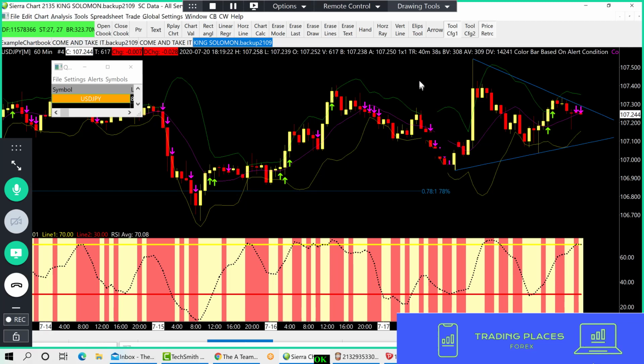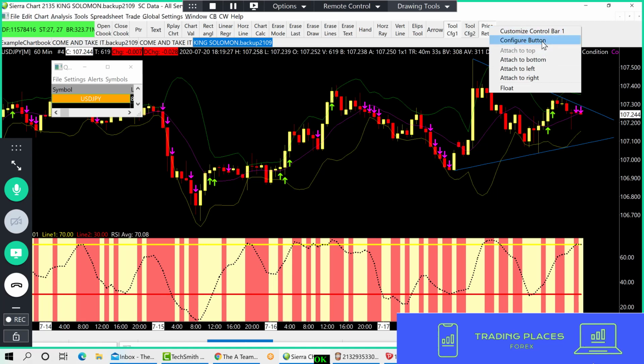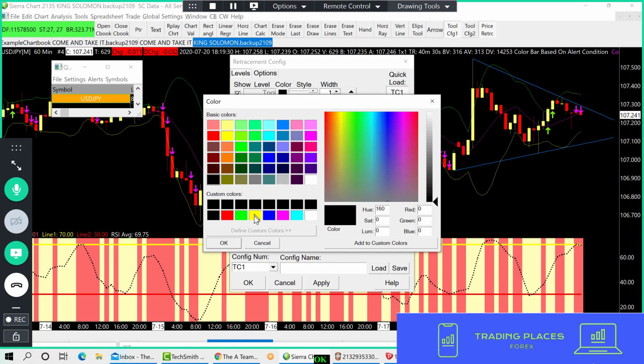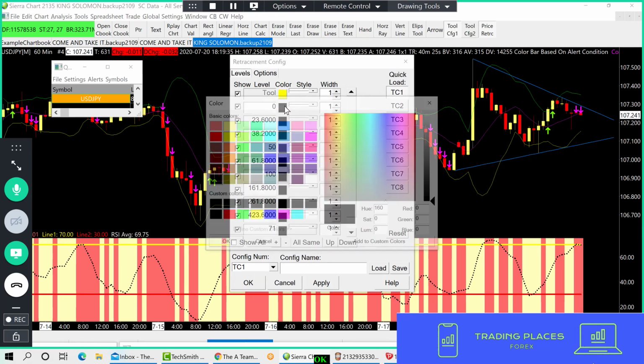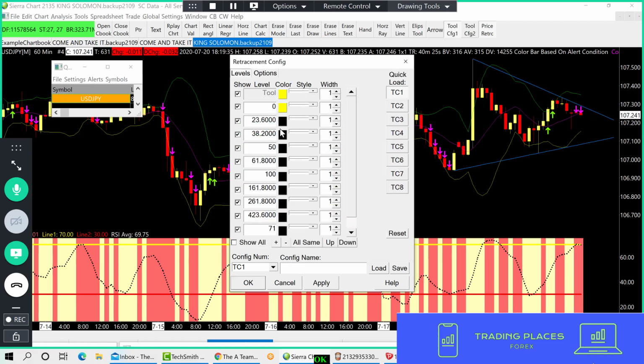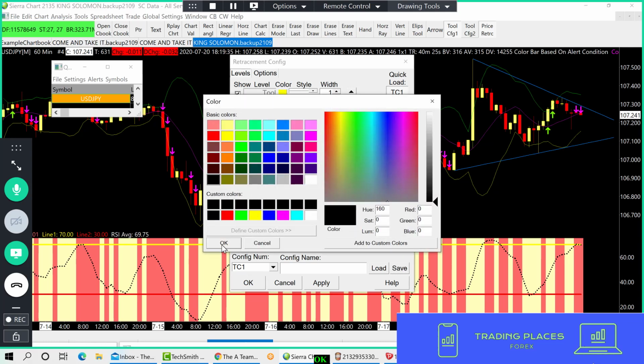Oh, that's not one. Whoops. You know what? Let me erase this. Some technical difficulties, sorry about this. I changed the back screen color, and that's why you couldn't see any of the lines.